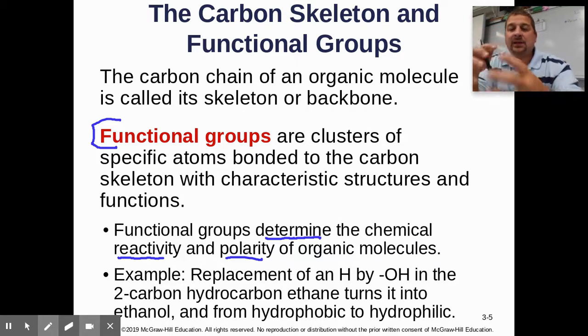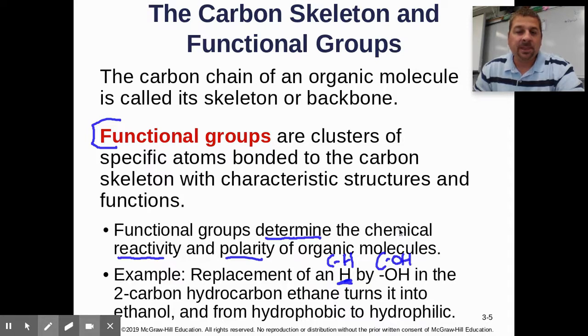If you're talking some other molecules, how do they interact, for example, with water? If you take off a hydrogen from a carbon and replace it with an OH group, that will change it from ethane into ethanol. So it goes from hydrophobic, not liking water, to hydrophilic, being able to mix with water.